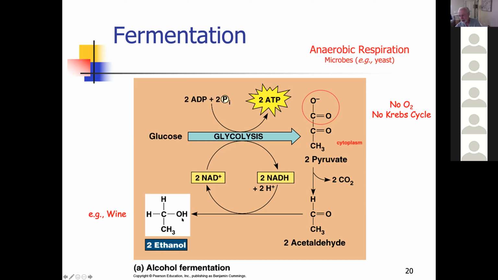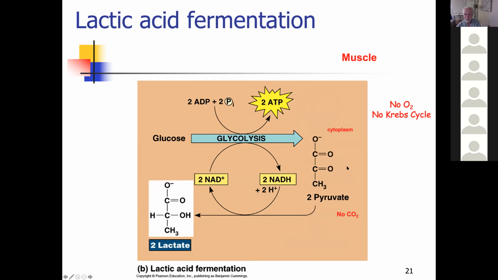Now compare that with what happens in muscle, in our bodies. Again, you start with glucose, glycolysis, get ATP. This is happening in the cytoplasm. But now there is no loss of carbon dioxide. Pyruvate is converted directly to 2 molecules of lactate. 2 pyruvates become 2 molecules of lactate.